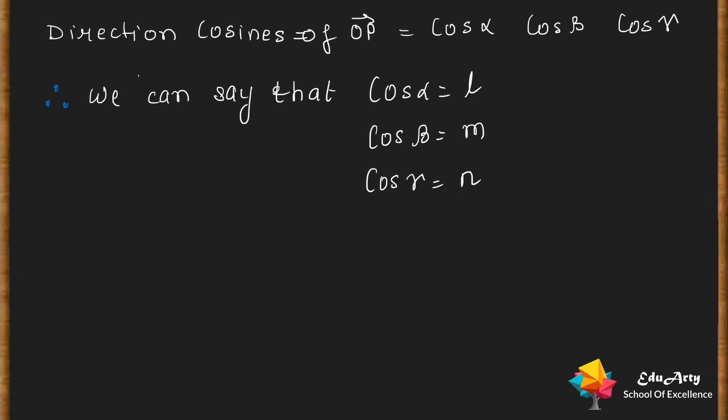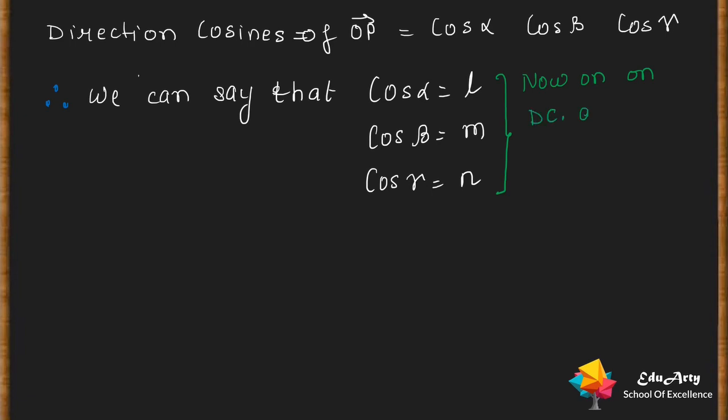So from now onwards, we will call our direction cosines l, m and n, correct?